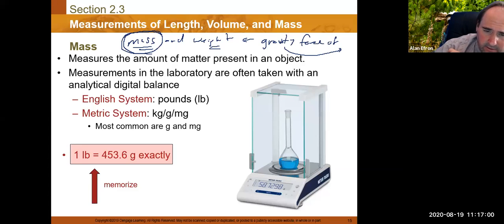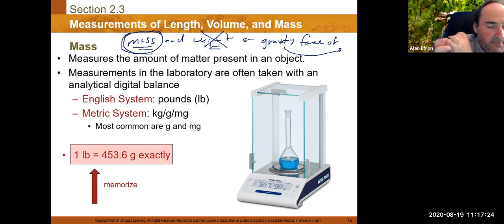You really shouldn't call it weight. Which is oftentimes what confuses people: the process of actually getting a mass is known as weighing. But when you do that, you should refer to it as the mass, which takes out the force of gravity. It's basically the measure of the amount of matter that's present in an object.